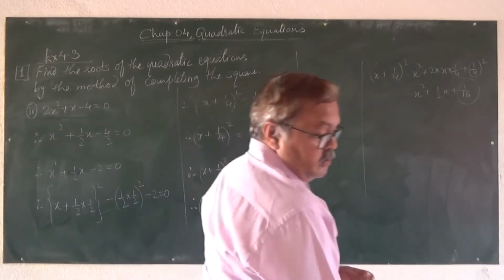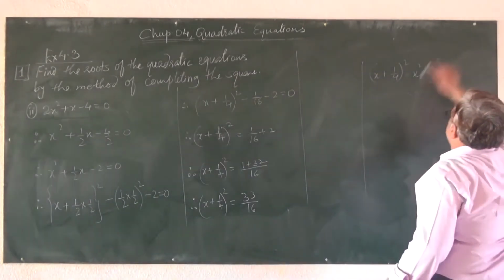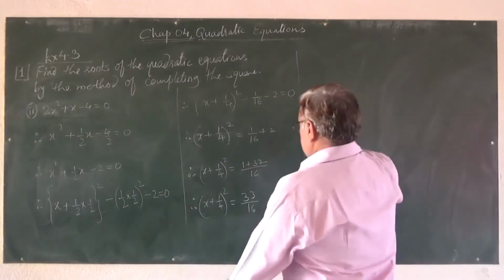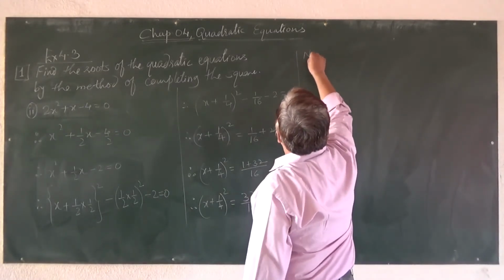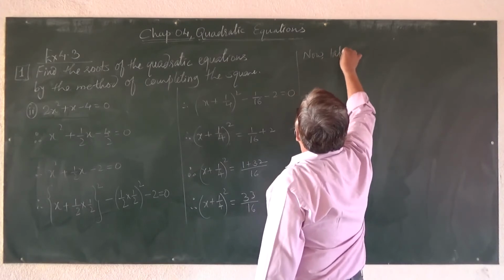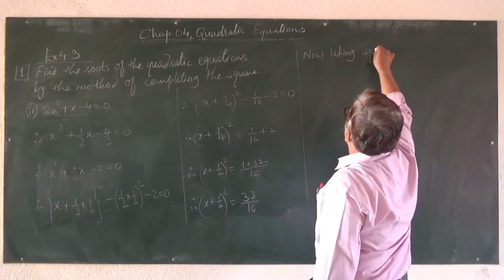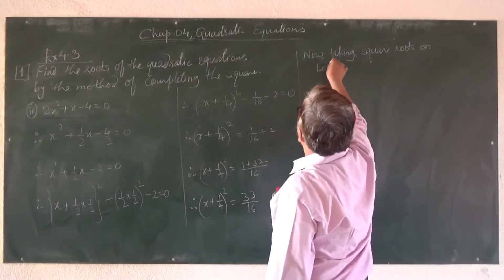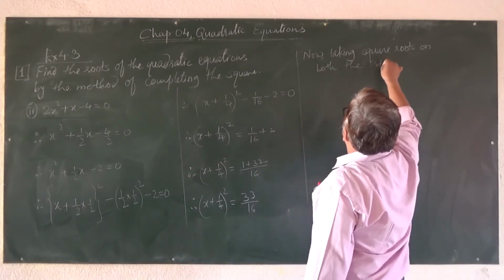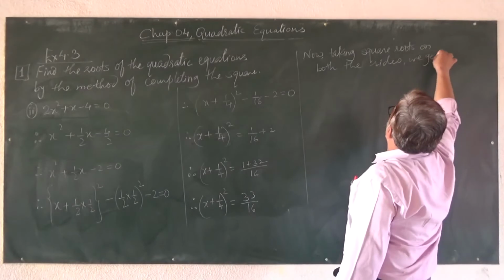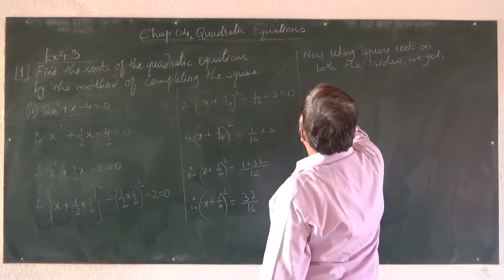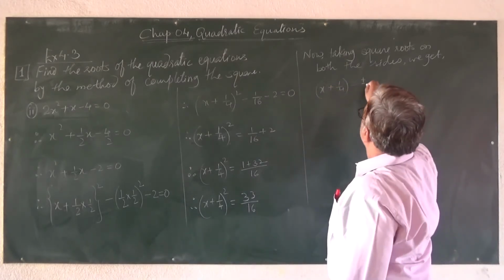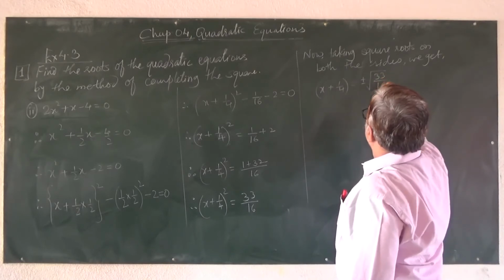Now what to do? Taking square roots on both the sides, we get x plus 1/4 is equal to plus or minus under root 33/16.